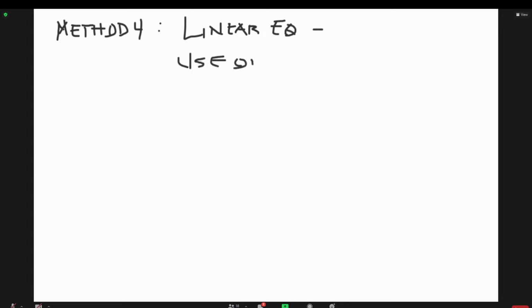All right, so we are going to be looking at method 4. These are called linear equations, or rather, use of an integrating factor.